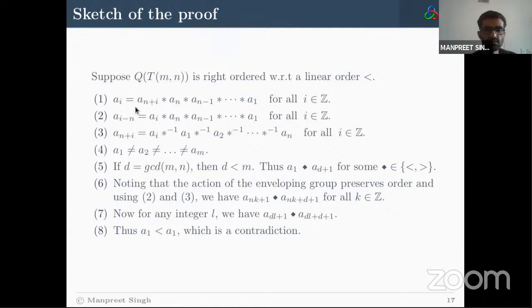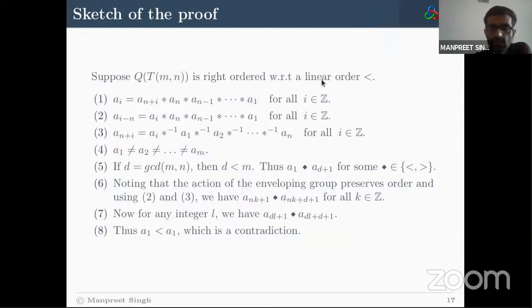These are the relations as we have seen in the previous proposition, and one can deduce these two identities from this one. And by the result of Rost and Jashin, A1, A2, ..., AMN are not equal to each other. Now assume D is the GCD of M and N. Since M and N are not multiples of each other, and we have assumed that M is less than N, we have D is strictly less than N.